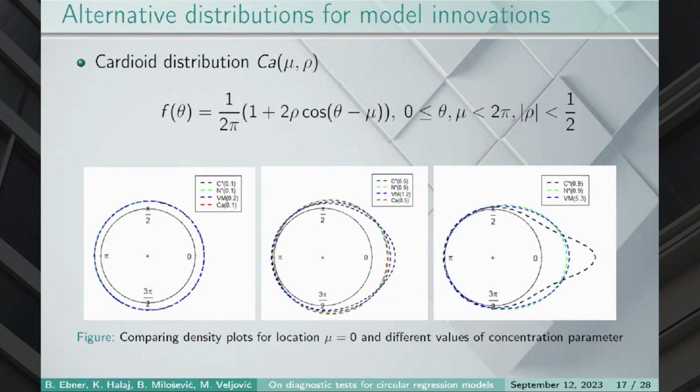We consider the wrapped Cauchy, wrapped normal, von Mises, and cardioid distributions. When the concentration parameter is small, 0.1, and we calculate the appropriate value of the parameter k for the von Mises distribution, we can see that all distributions perform similarly. But when we increase the concentration parameter, the peak of the distribution dominates in the case of the wrapped Cauchy distribution.